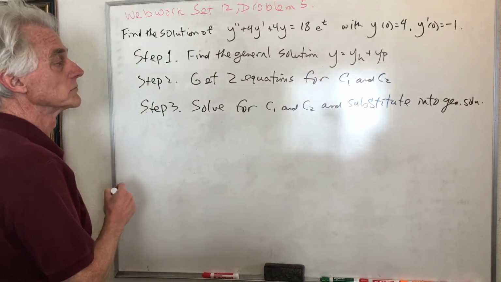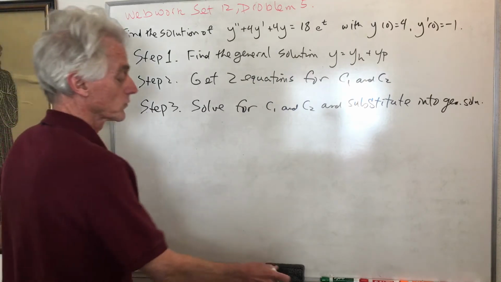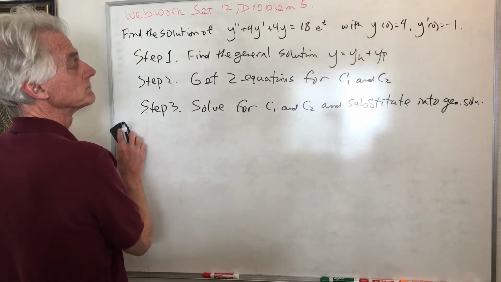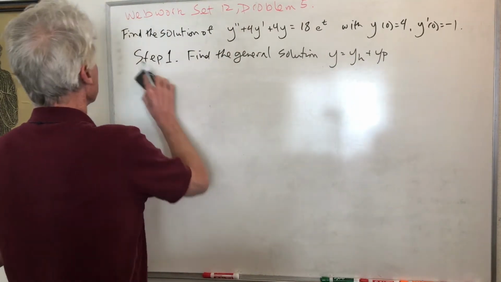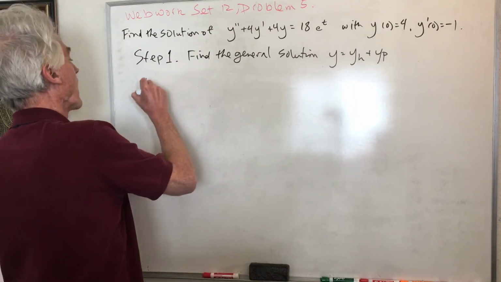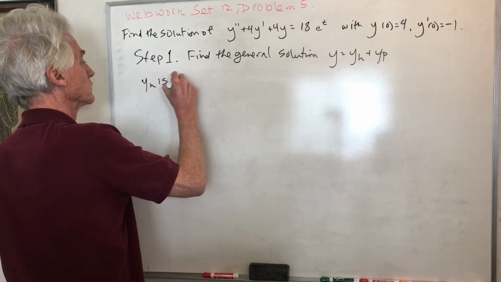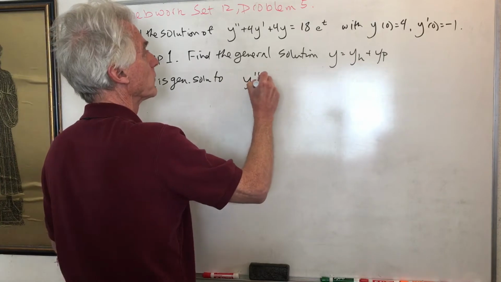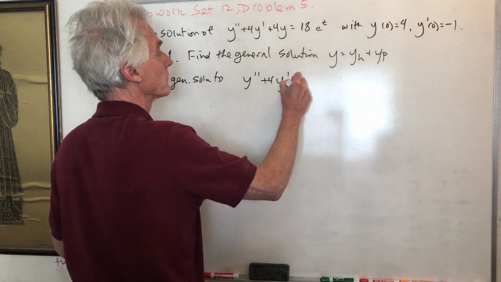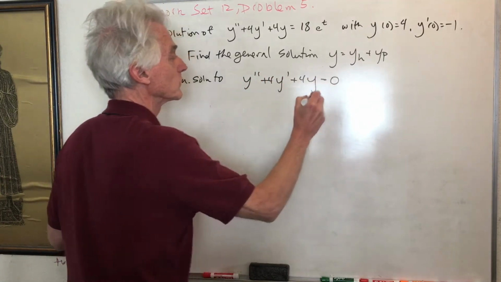All right, so let's get started with step 1. So yh is the general solution to y double prime plus 4y prime plus 4y equals 0.